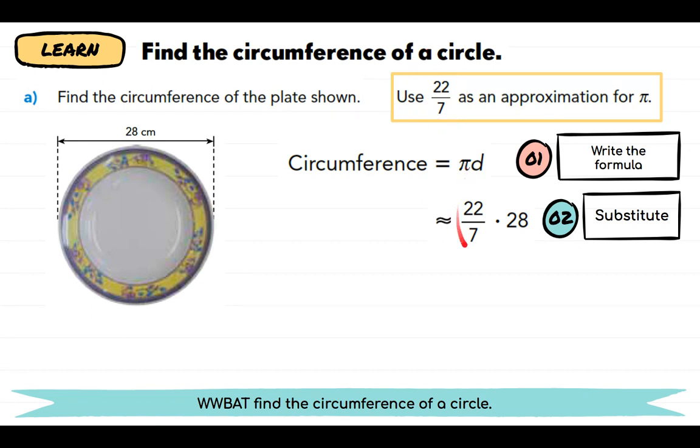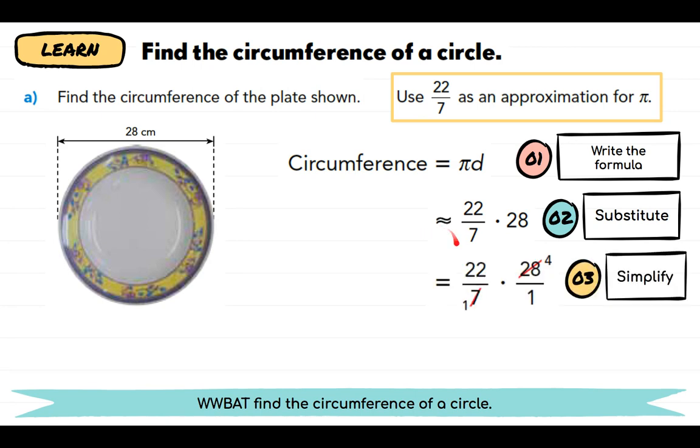So pi becomes 22/7 times the diameter, which is 28 centimeters. So now I have pi times 28. And this equal sign is actually almost equal to, because remember that the pi value is always an approximated value.